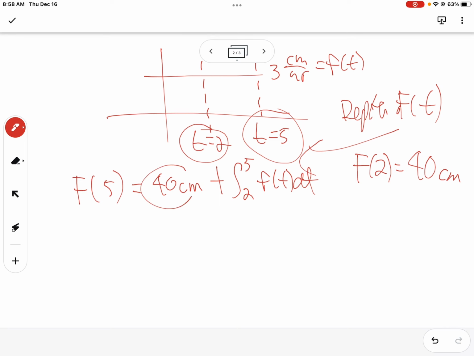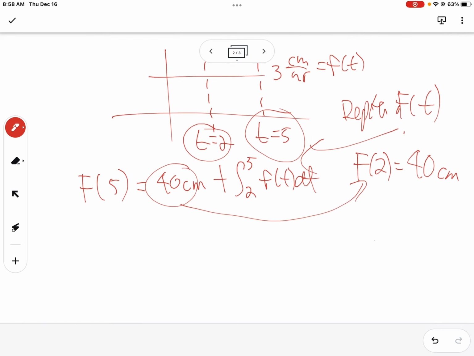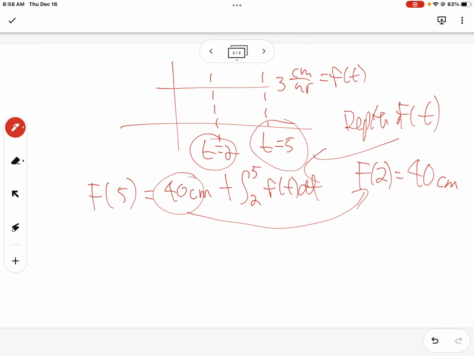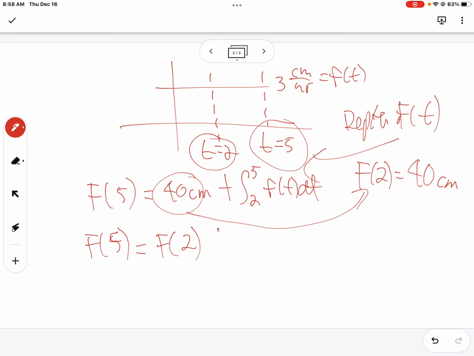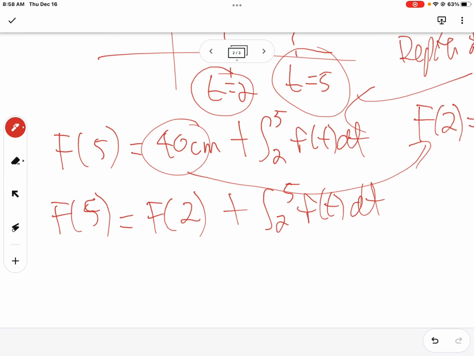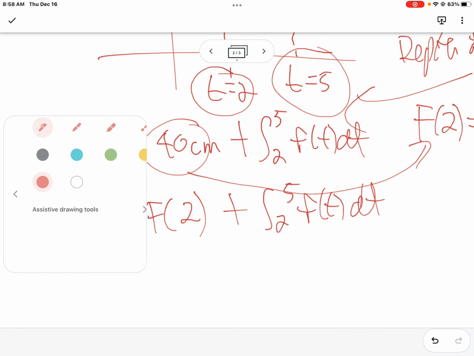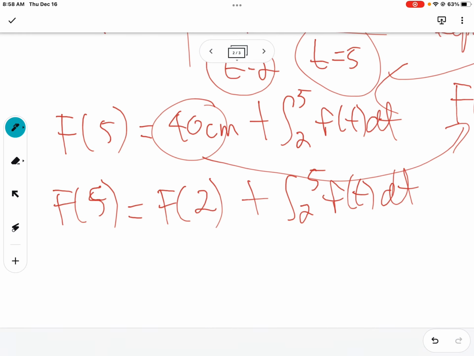So now, again, what does that 40 centimeters represent? That 40 centimeters represents F at 2. So F at 5, the depth of snow at 5 hours, equals the known depth at 2 hours, plus accumulation from 2 to 5, f of t dt. That, folks, is the most useful form of the fundamental theorem of calculus, because this right here will be what's known.